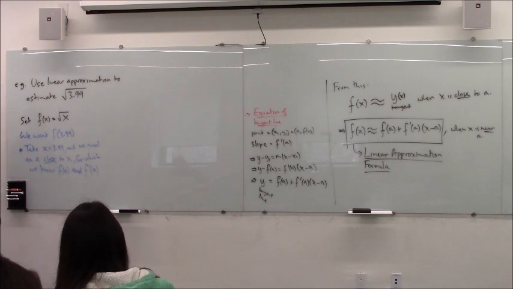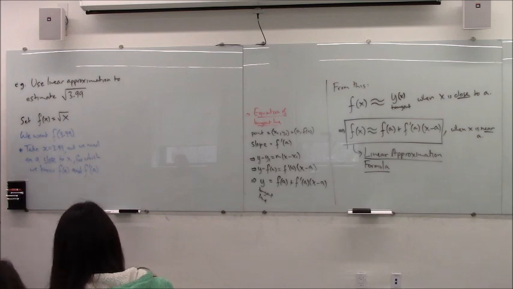Can you think of a number that's super close to 3.99 for which we know what the square root is?